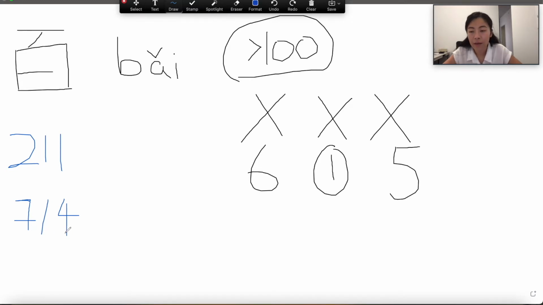All right, so another number, let's say it's 918. So that would be 918. All right, so just remember to say one ten whenever you see 1 on the tens digit for numbers bigger than 100. All right, so that's the hundreds.